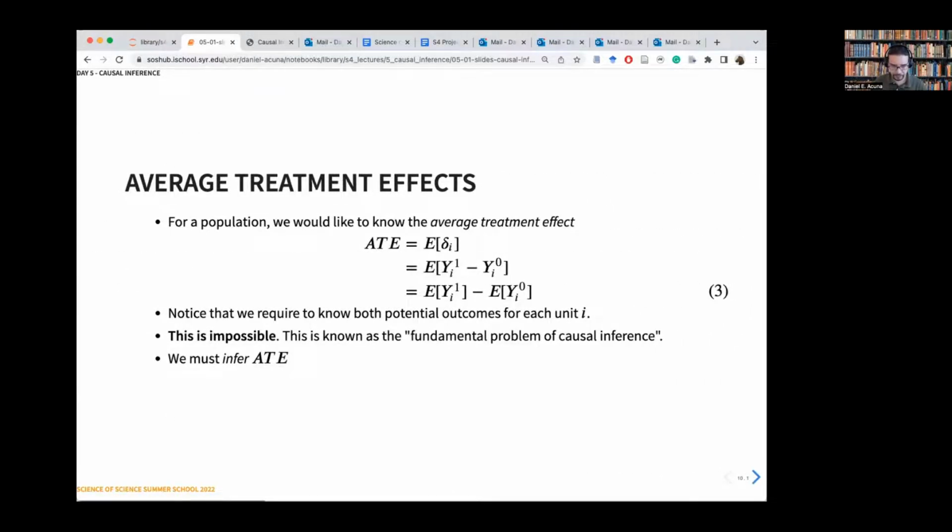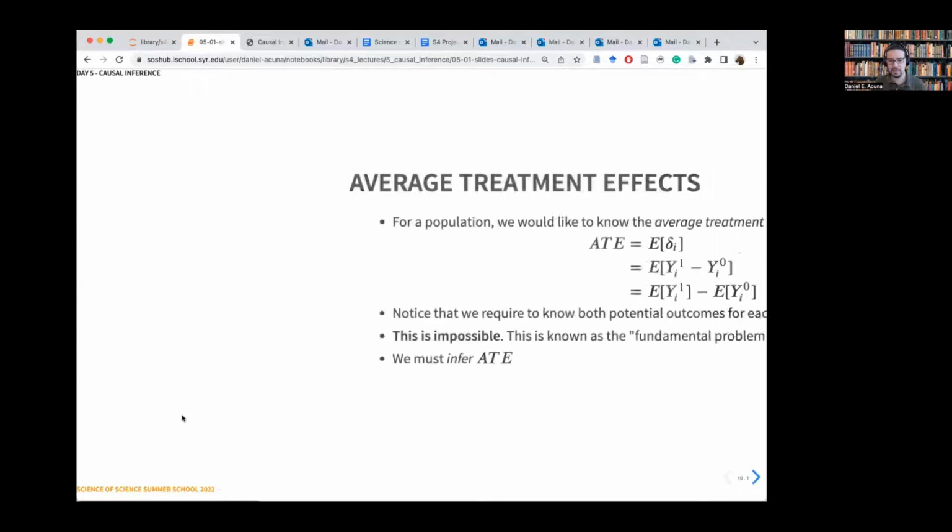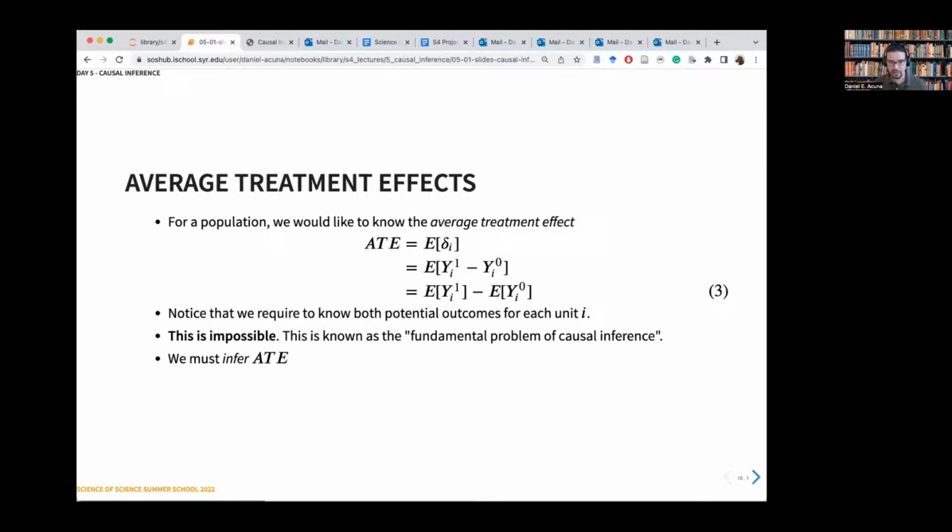Okay, so this is what we're interested in: the treatment effect for a person. But we cannot observe this because we cannot see both outcomes for the same person. So what we do instead is think about the average treatment effect across the population. We take the average treatment effect, and they have all these abbreviations.